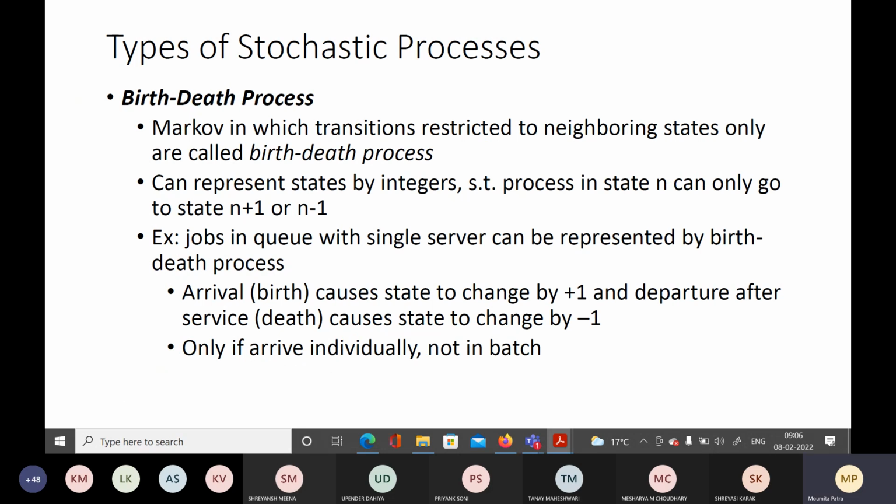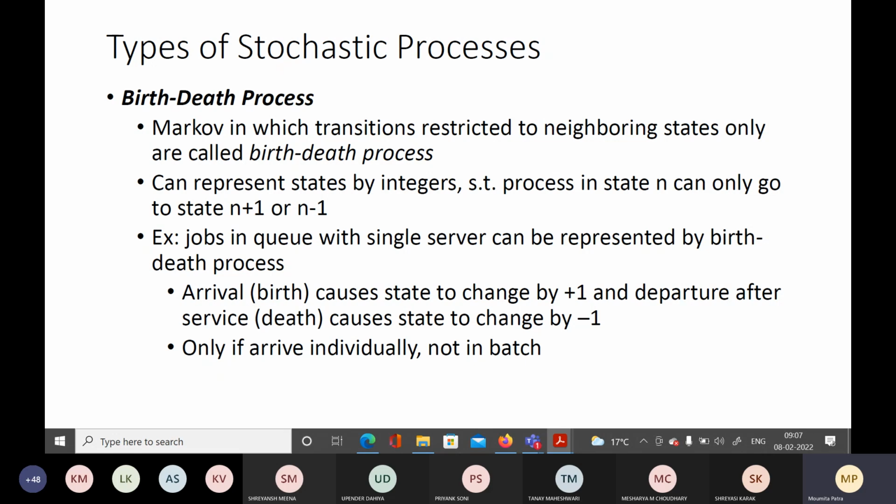Then comes a third type of stochastic process, which we also looked at yesterday, known as the birth-death process. It is also a kind of Markov process, but in this kind of process the state transitions are restricted to only neighboring states.